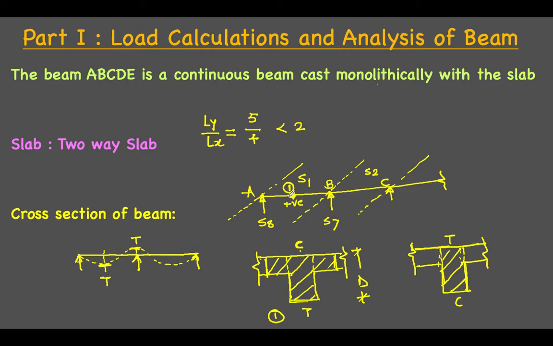The slab we are having throughout, no doubt there is a slab, but since there is a change in behavior, a change in deflected shape, at mid span there is a sagging and over support it is hogging. So at mid span we are going to design a flanged beam, and over support we have to design it like a rectangular section.